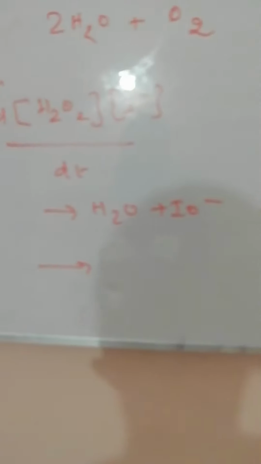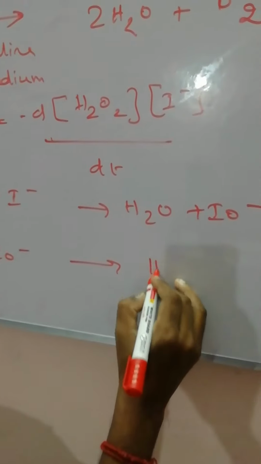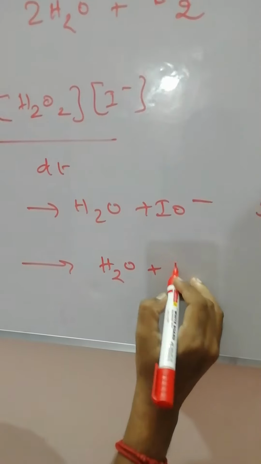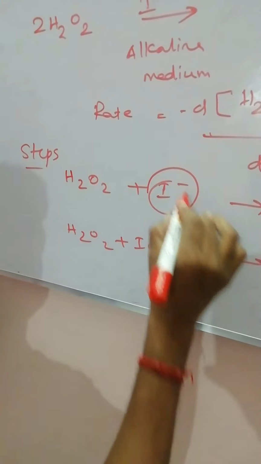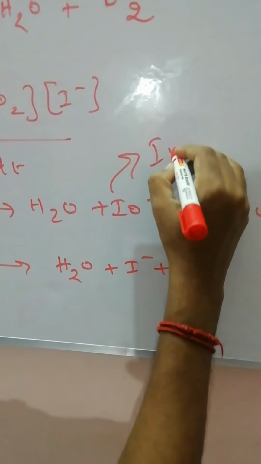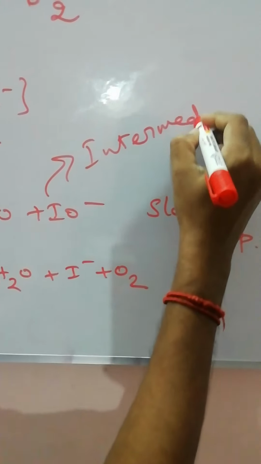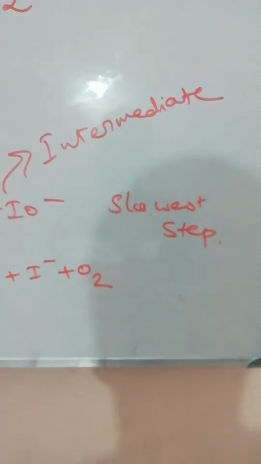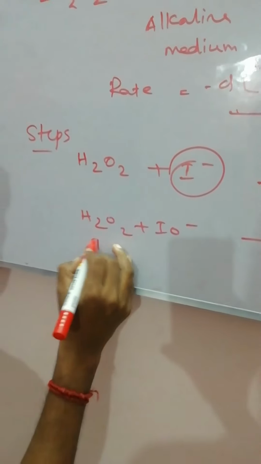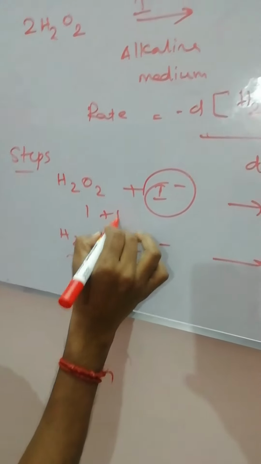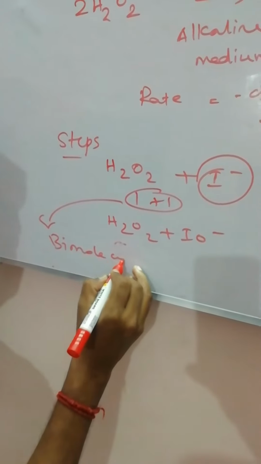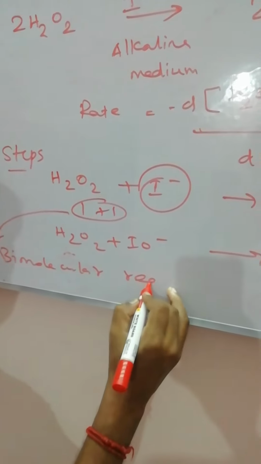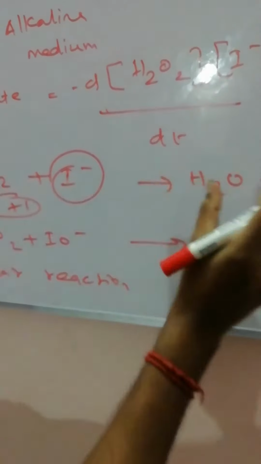The first step is always the slowest step, the rate determining step. So this is an intermediate. This is called an intermediate. And this is a bimolecular reaction. Two molecules involved, 1 plus 1, 2. So 2 means bimolecular reaction. By doing experiment, it is a first order reaction.